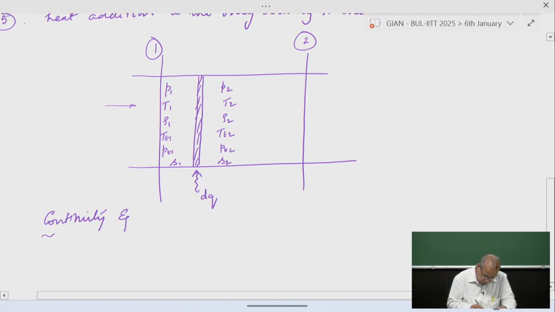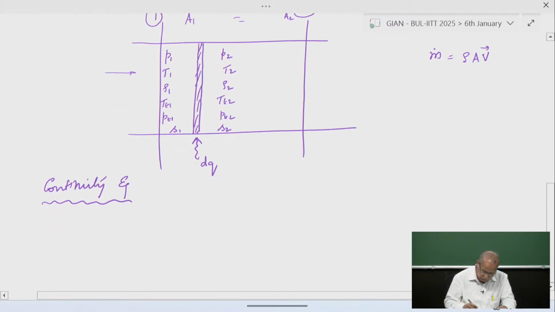Continuity equation, because continuity is based on the mass flow rate. Mass flow rate is ρAV. That's the continuity equation. Because the area A1 is equal to A2, we can write here ρ1 V1 is equal to ρ2 V2.